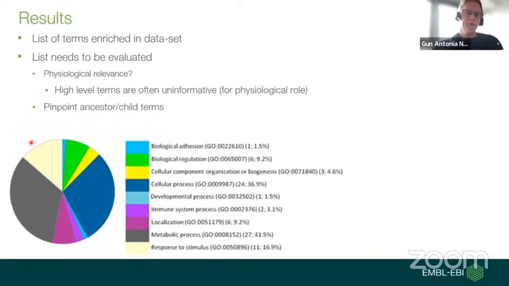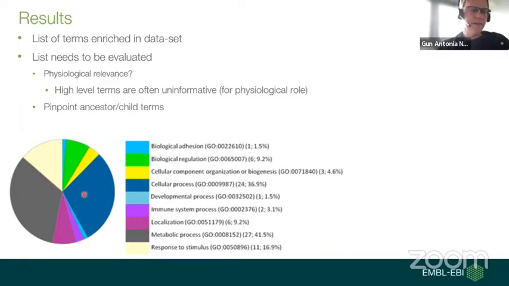So in your results, you get a long list of terms that are enriched. And you need to look at this list because not all of them will be physiologically relevant. So if you have very unspecific terms, the high-level terms, they're often quite uninformative for a physiological role. I'm just going to explain a little bit more about that.